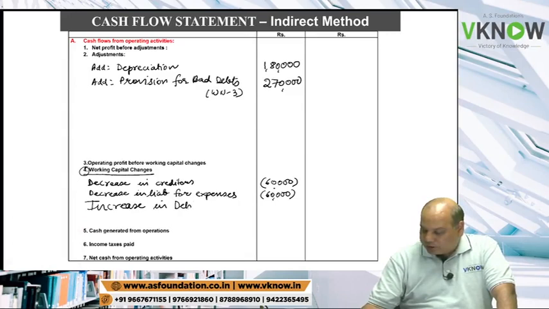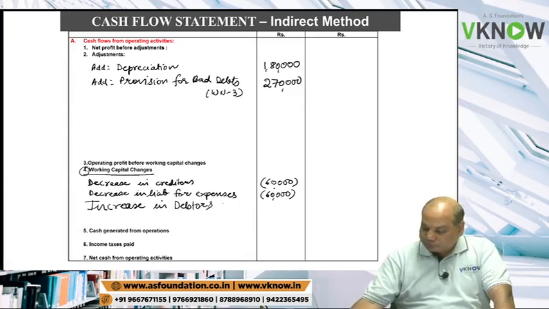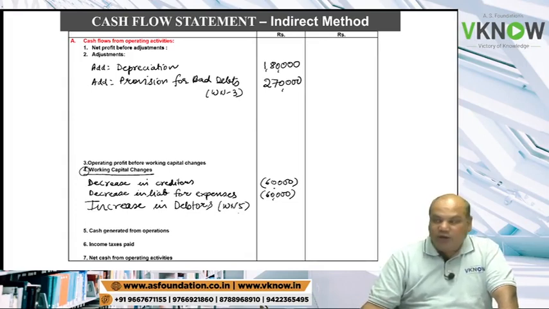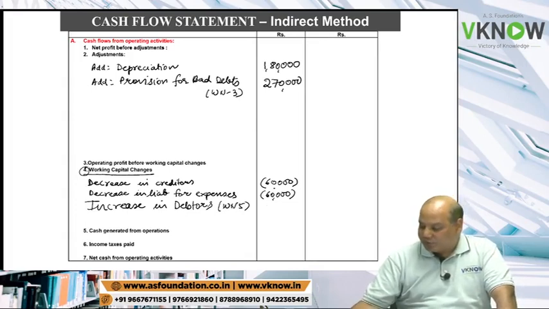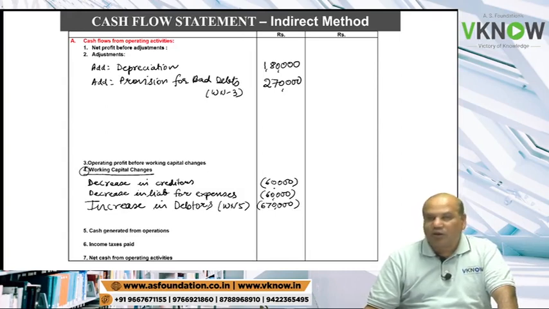Increase in debtor, decrease in cash flow or increase in cash flow? Working note 5. Increase in debtor is decrease in cash flow. Increase in current asset, decrease in cash flow. So this completes my debtors and provision for bad debt related adjustment.